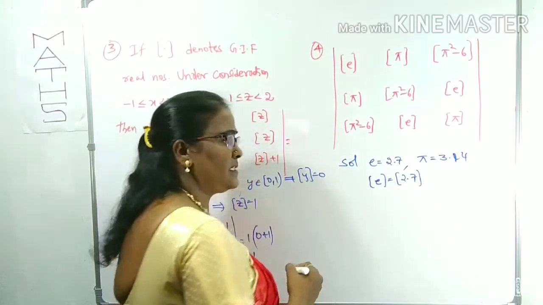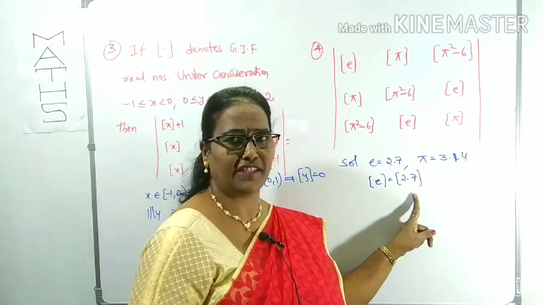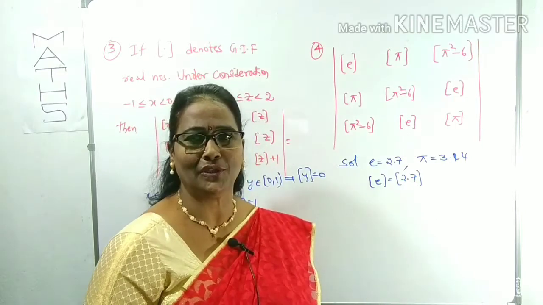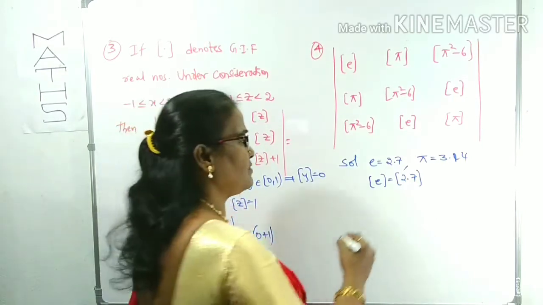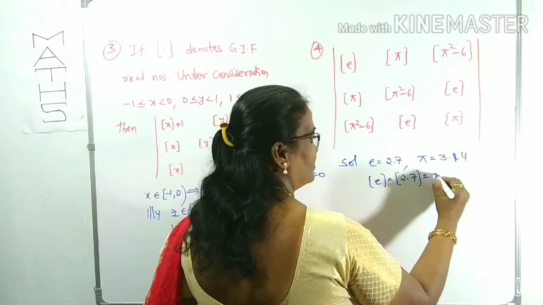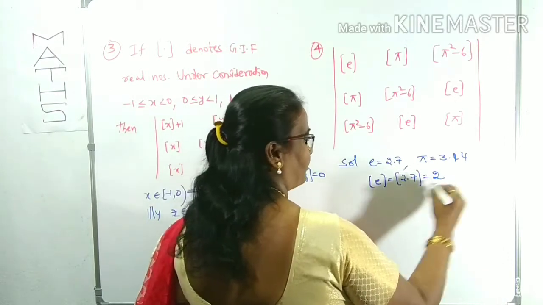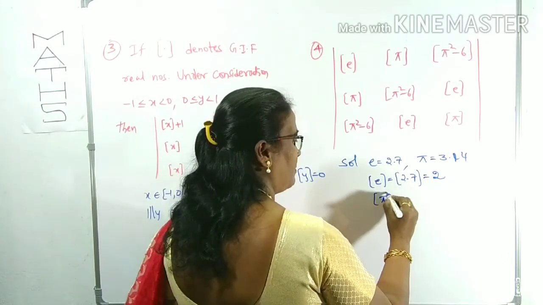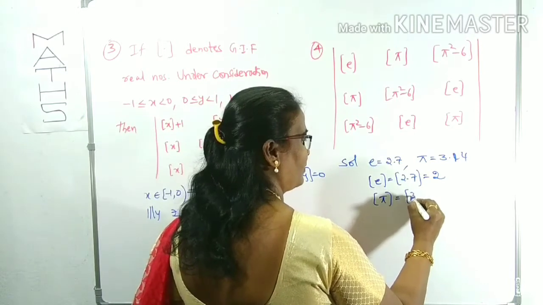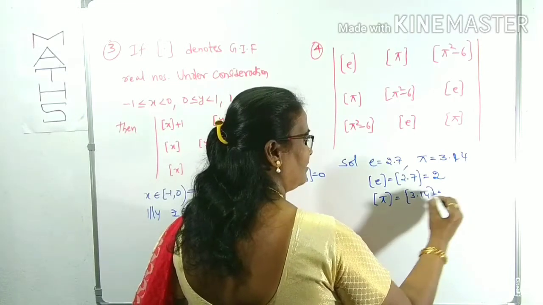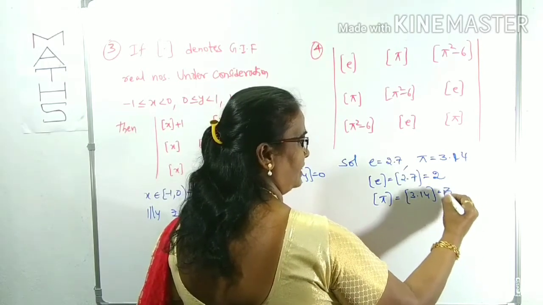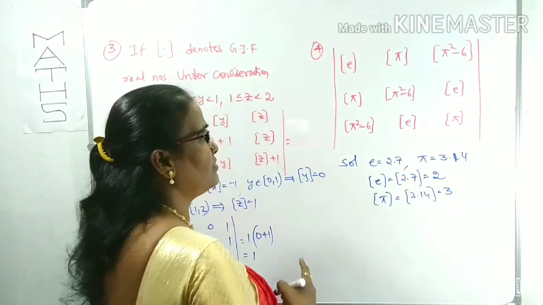Means what? It lies between 2 and 3, which is at least 2. Indirectly, the step e value is 2. Similarly, step of pi: pi is 3.14, it lies between 3 and 4, which means its value is 3.